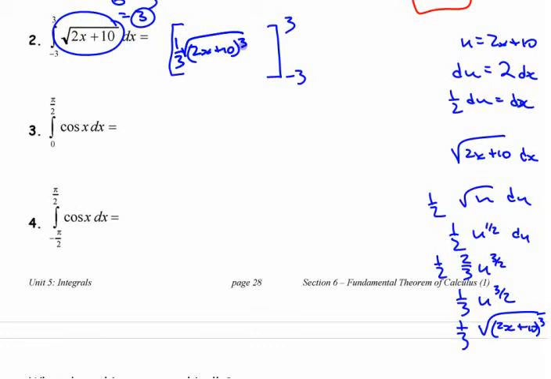It's probably easier to take the square root first. 4 cubed, it's 64/3. And you put -3 in there, what do you get? You get 4, 2 cubed is 8, 8 minus 8/3. So we have 56/3. That was a painful one.